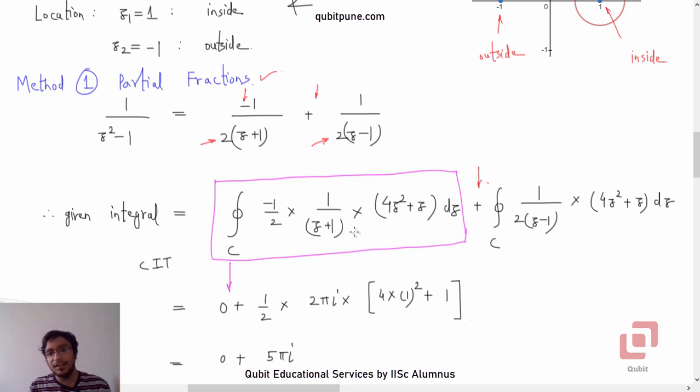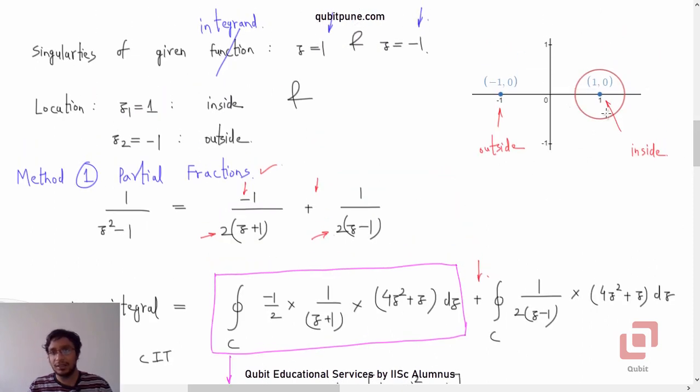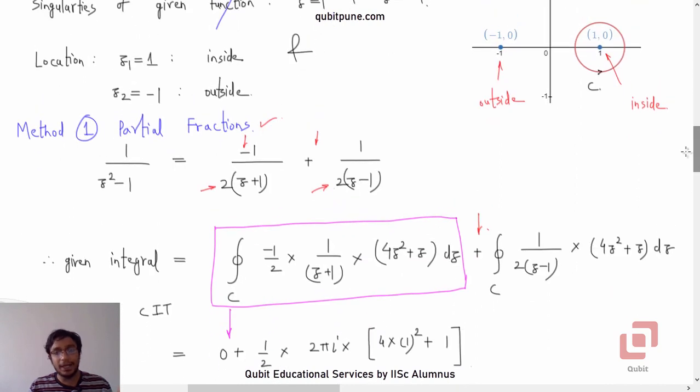Why? Because this function possesses only one pole, or one point where the function is not defined, and that point is minus 1. But this point lies outside the circular region, the curve of integration C. So we can happily apply the Cauchy's integral theorem because our integrand is analytic on the curve as well as inside the curve. So that integral straight away is 0.